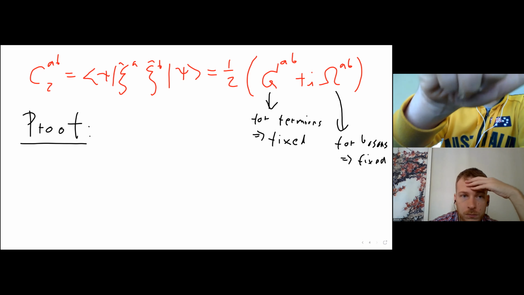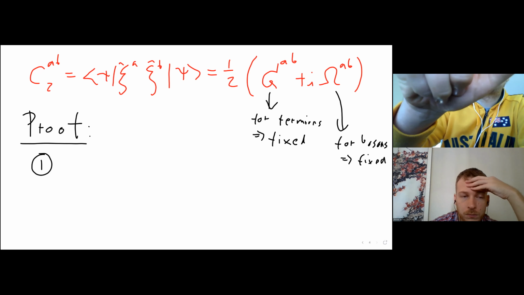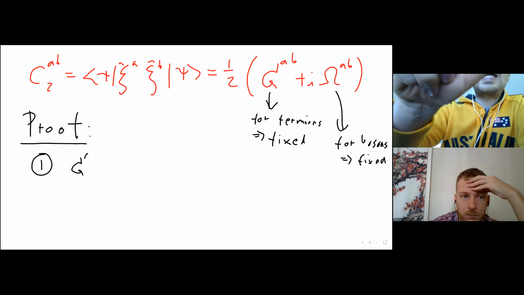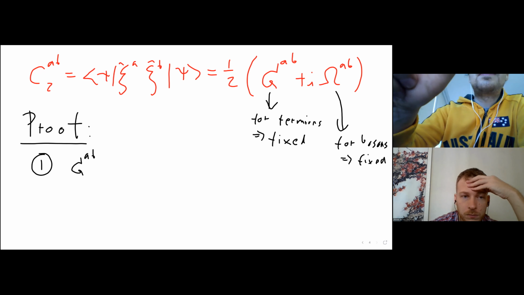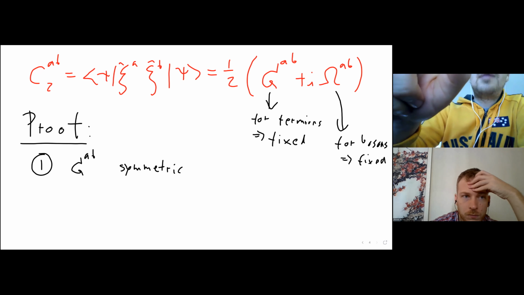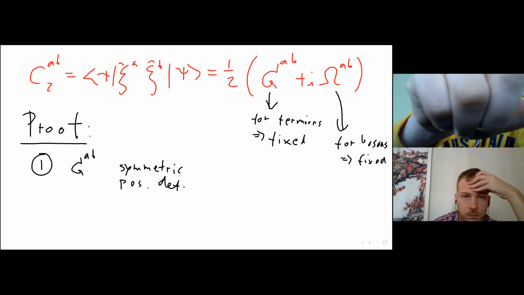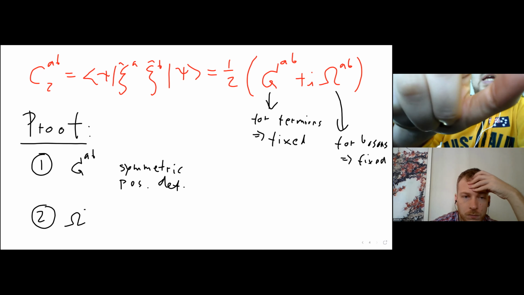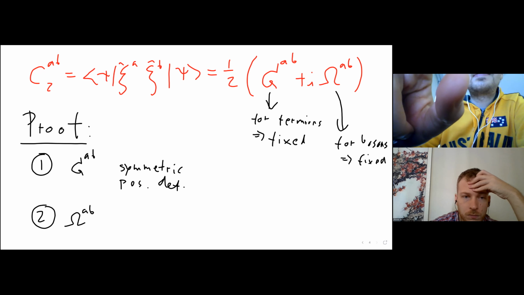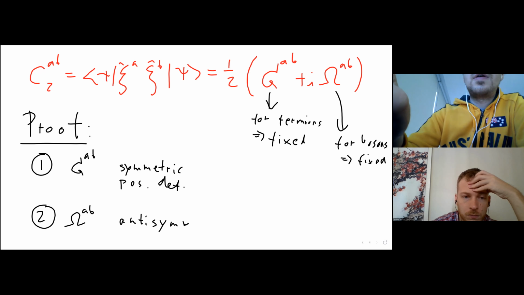We want to show that G_AB is symmetric and positive definite, and second, that omega_AB is anti-symmetric.